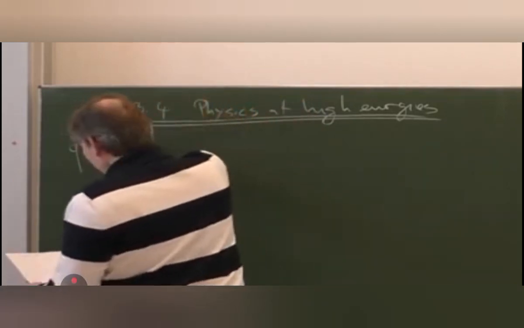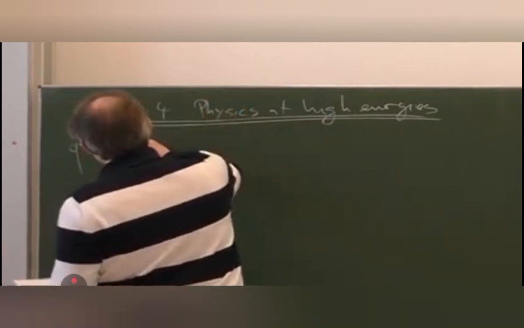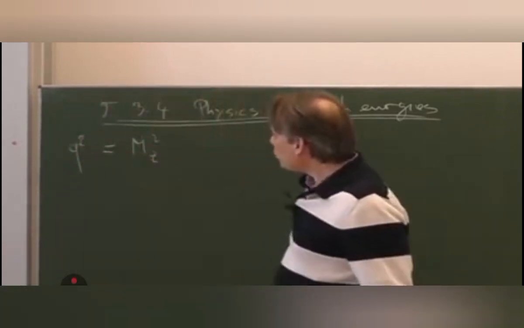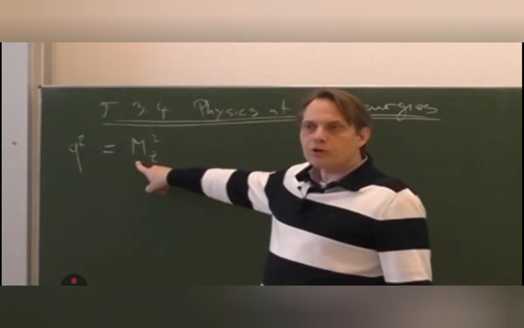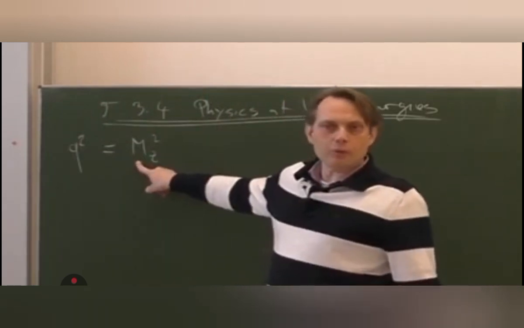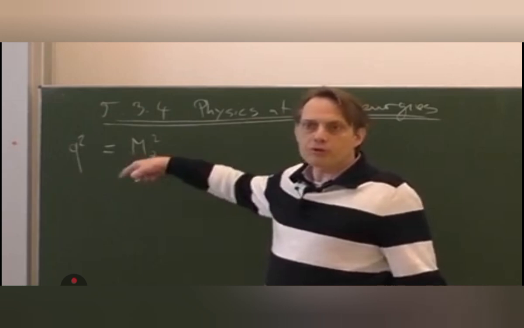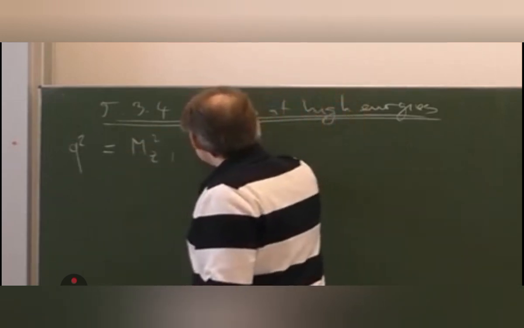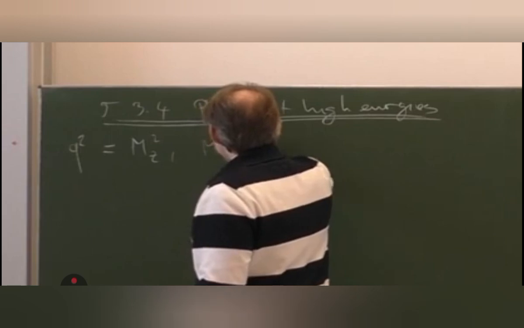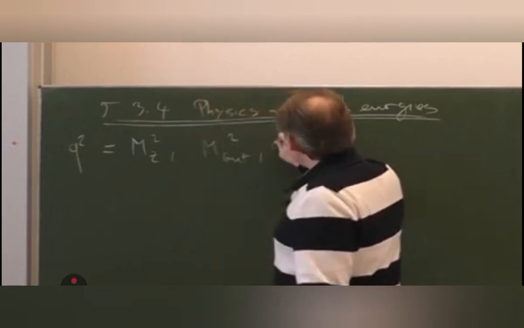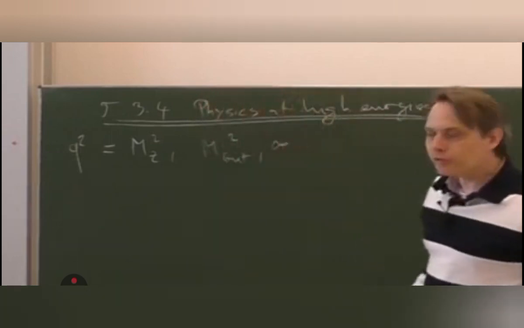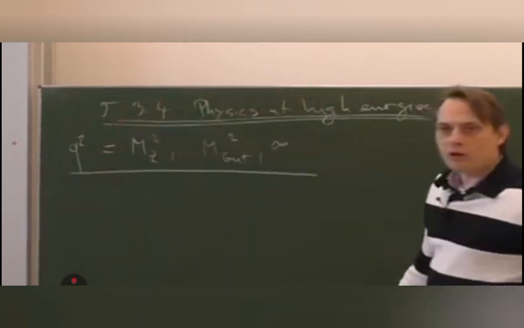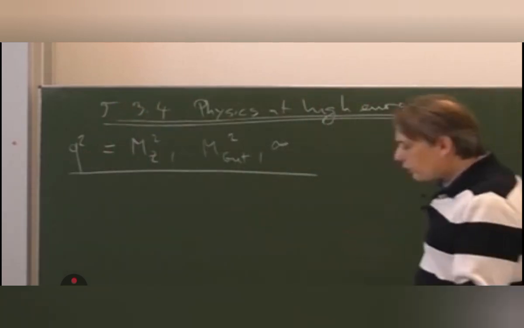And let's, for example, look at very high values of the photon momentum Q square, for example, equal to the Z boson mass square, which is very high compared to QED energy scales, or even higher scales like the grand unification scale, or we could also go to infinity and ask, how does the QED prediction behave for very high energies of the photon?